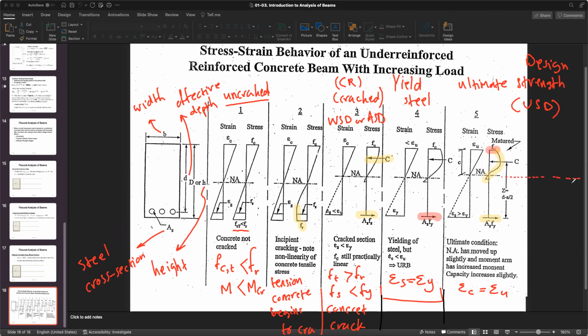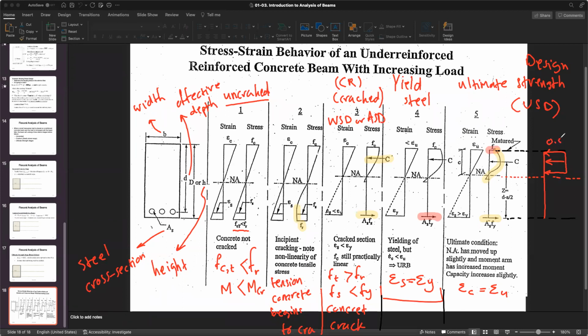We use an equivalent system of stress and strain. All right. We're gonna say, okay, instead of dealing with this curved unknown situation, we're gonna use an equivalent block as a compression block, right?